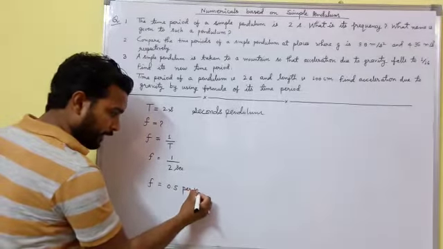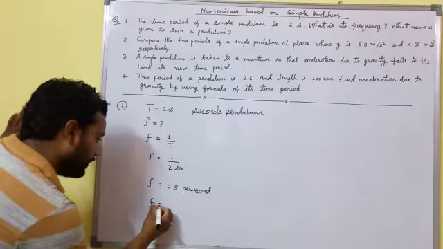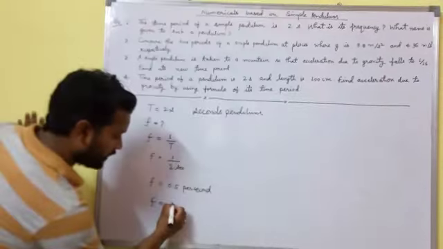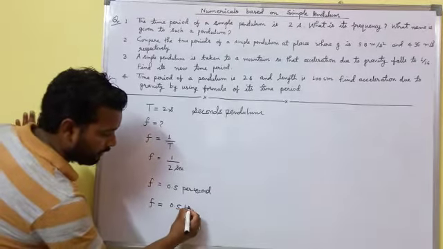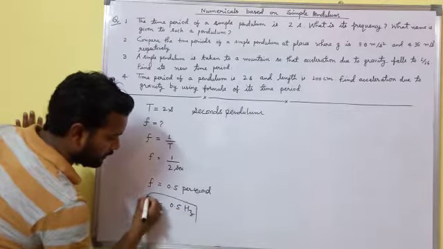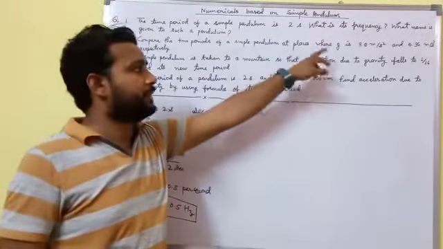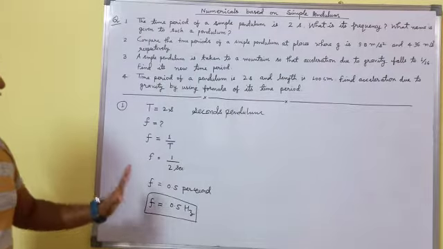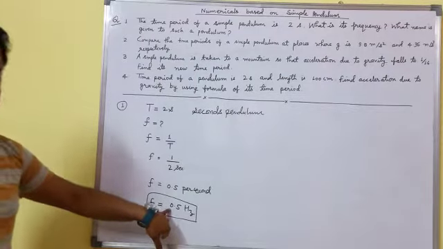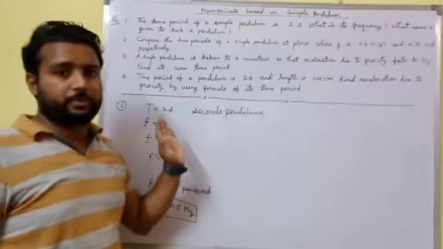The unit of frequency is hertz, so we can also write 0.5 hertz. The question was what is the frequency and what name is given to such a pendulum. So the answer: frequency will be 0.5 hertz and the pendulum will be a second pendulum.